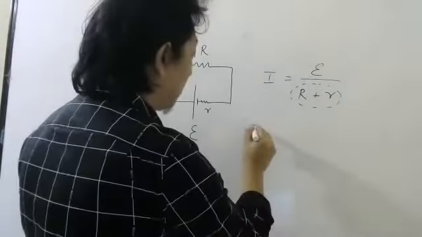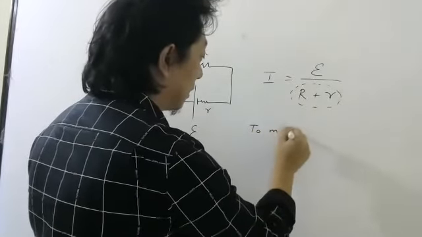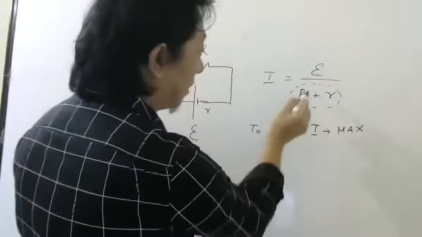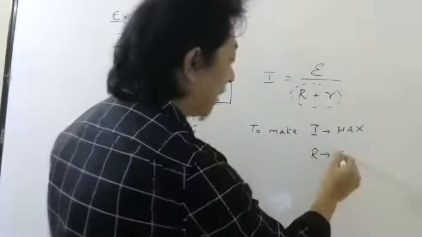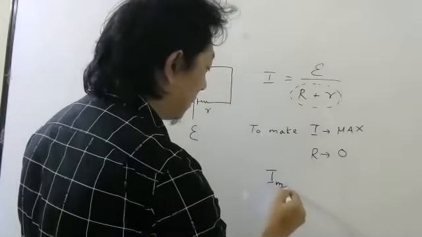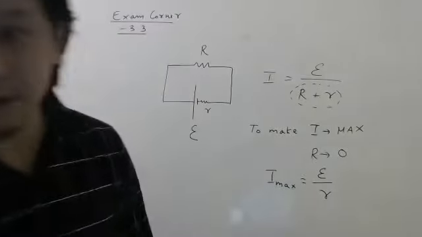So to make I maximum, you have to make this capital R minimum. And the minimum value you can take is 0. So then the maximum current will be EMF by internal resistance. Okay.